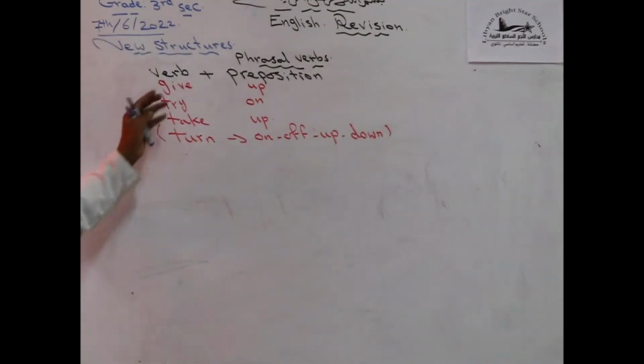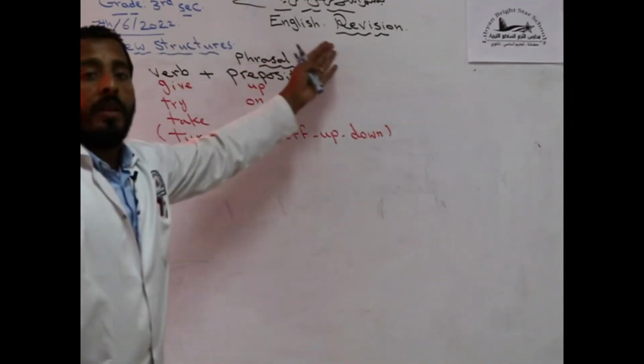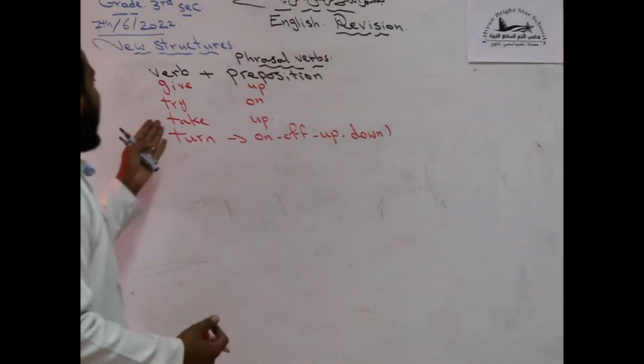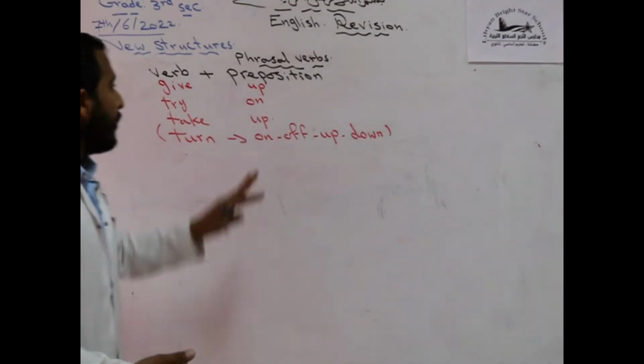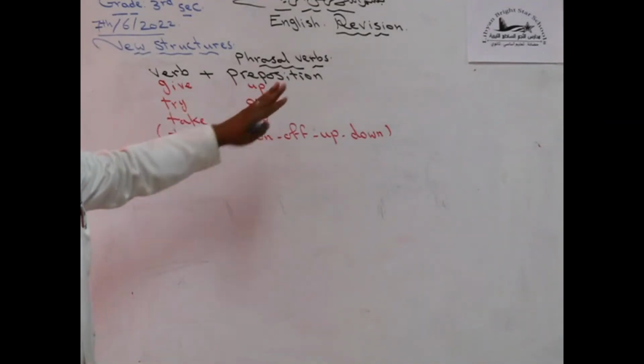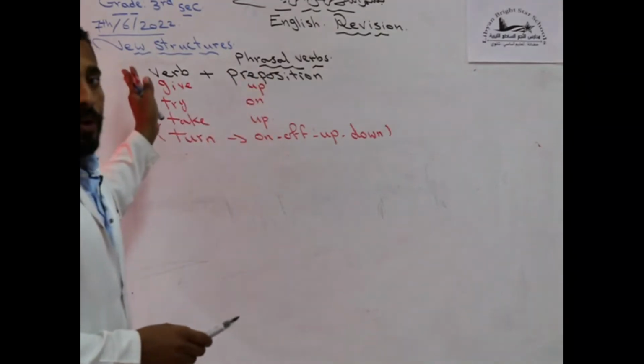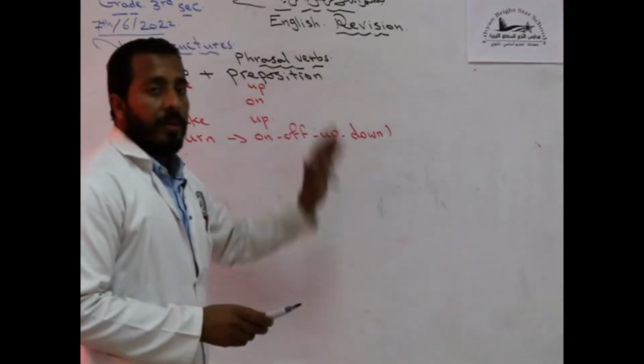All these expressions are phrasal verbs. Phrasal verbs are formed when a verb is added with a preposition. يكون عندي verb ومعاه preposition. When we add a preposition to a verb, that's what we call phrasal verbs.